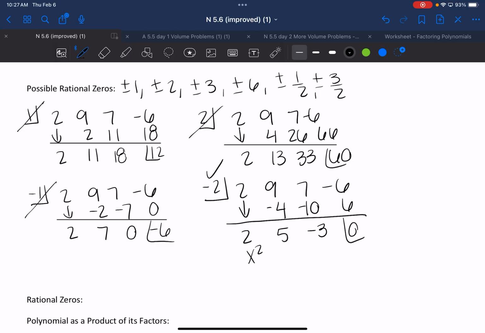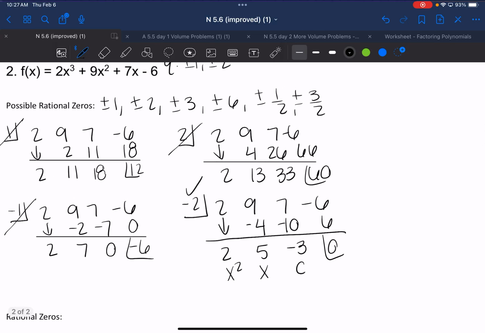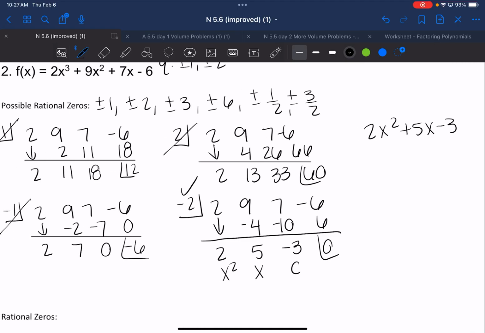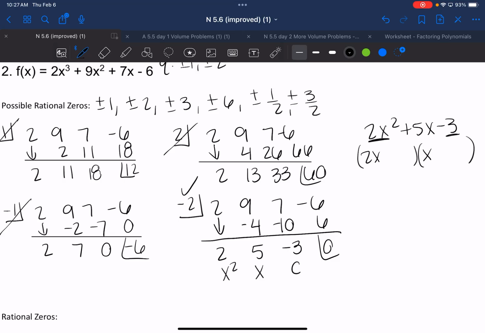So remember, this is x squared, x, and a constant, right? So that's something small enough that we could factor it. So we got 2x squared plus 5x minus 3. Let's see if we can factor that to come up with the remaining factors. So if this term tells me what to put first, what multiplies to give me 2x squared? 2x and x. And what multiplies to give me 3? 1 and 3.